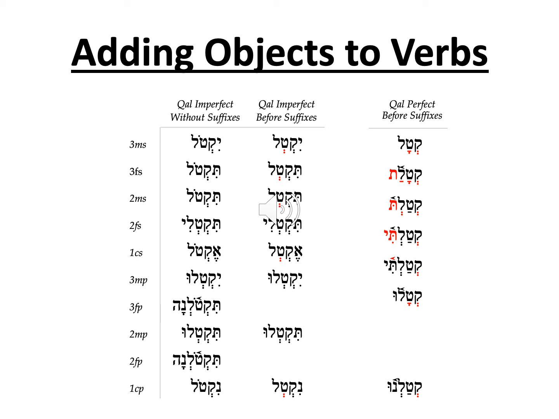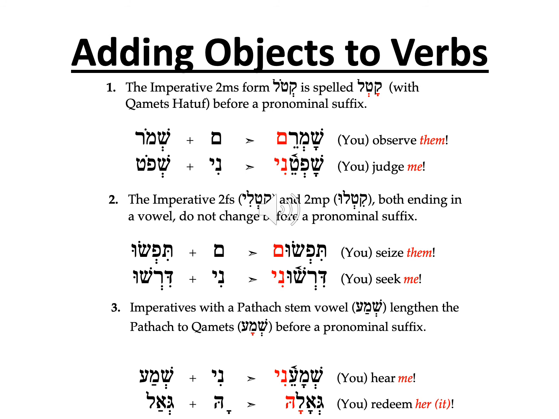Easy to remember. Even in the imperative, changes need to take place before we can add on the object suffix. In this particular instance of the 2MS, the holem reduces, and the vocal schwa under the qof becomes a kametz hatuf. Thus we have a closed syllable at the beginning of the imperative, qot, le, plus whatever is added on.